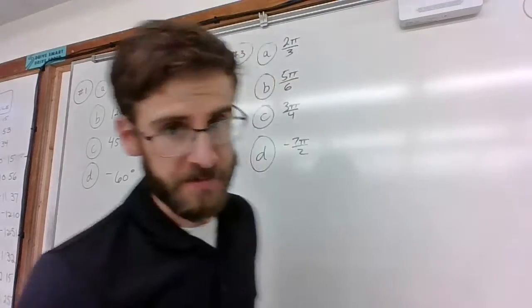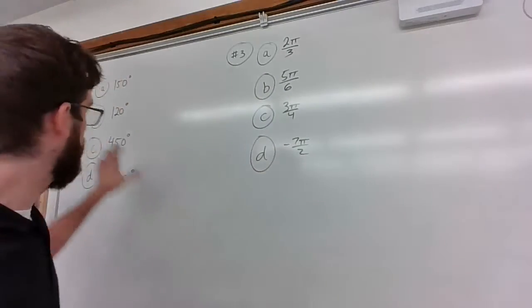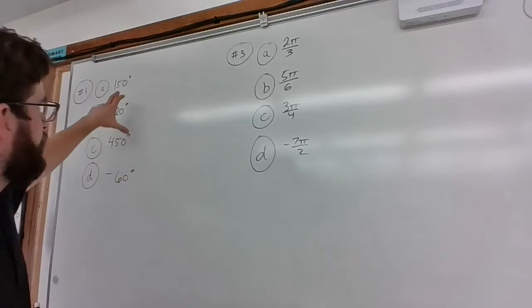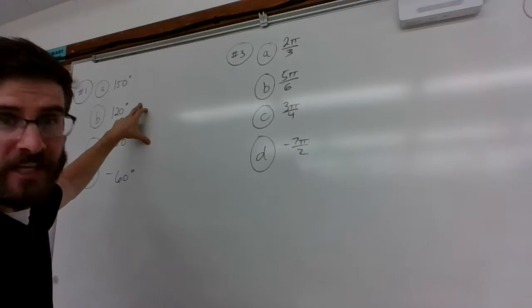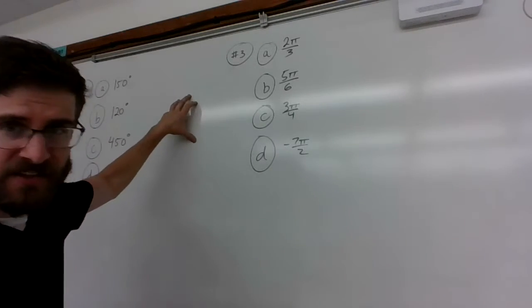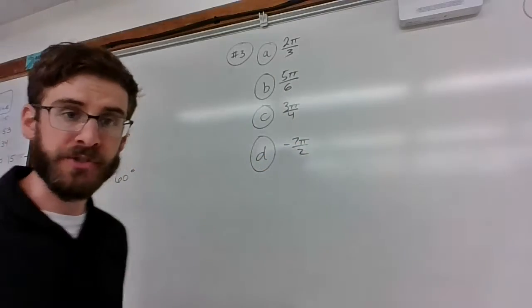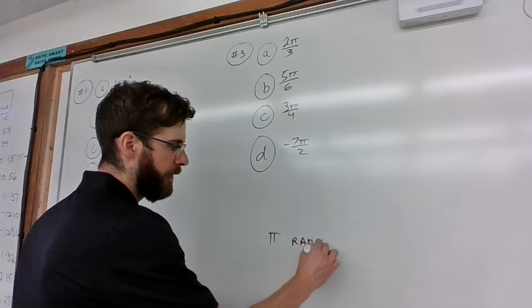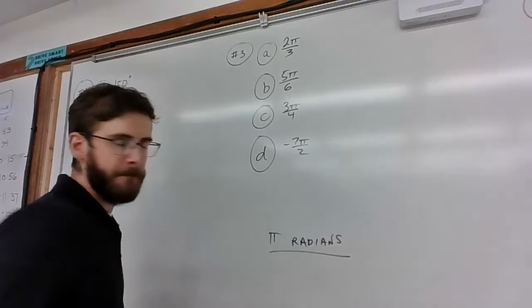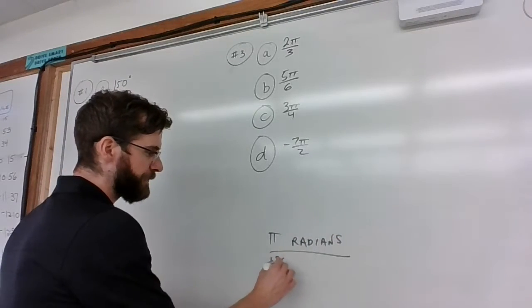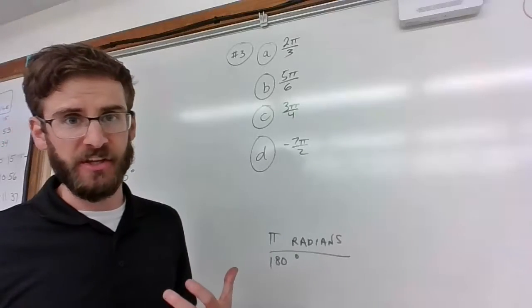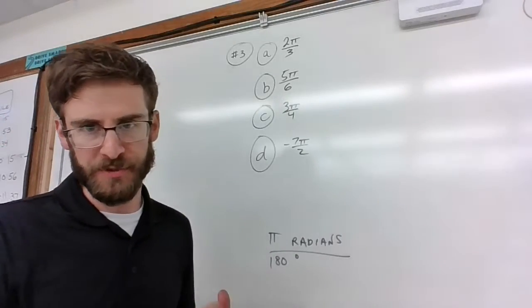So, textbook isn't available right now, so I'm just going to put these on the board and see where it takes us. So converting degrees into radians and radians into degrees. There was a ratio between the two, pi radians over 180 degrees, that's basically the unit measure in which we can go back and forth between the two.